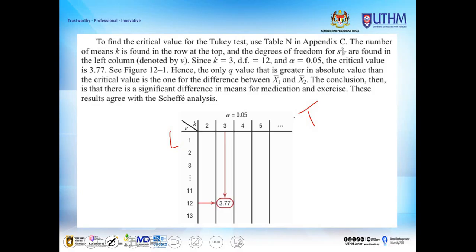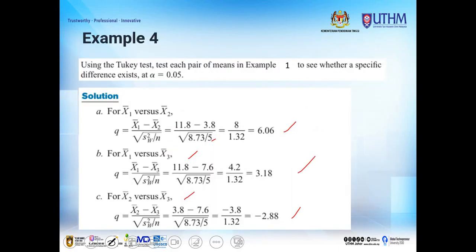Since K equals 3 and df is 12, at alpha 0.05, the critical value is 3.77. Hence the only Q value greater than the absolute value 3.77 is 6.06. The others are less than 3.77.